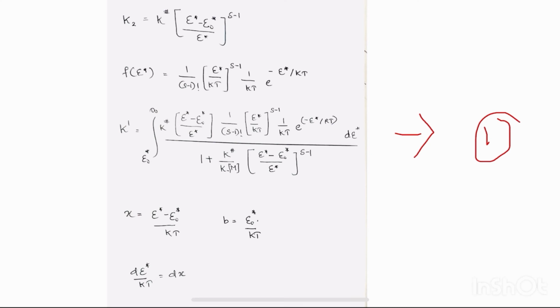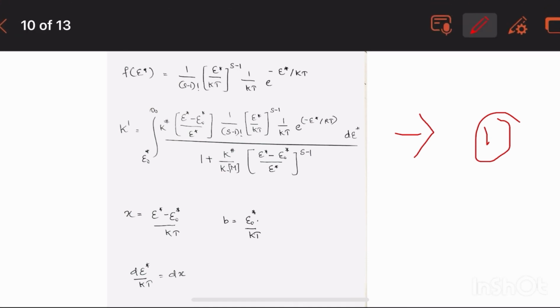Now the equation can be reduced by the following substitution: x is equal to (epsilon star minus epsilon 0 star) by kT, and b is equal to epsilon 0 star by kT, and d epsilon star by kT is replaced by dx. This is for reduction of this equation.